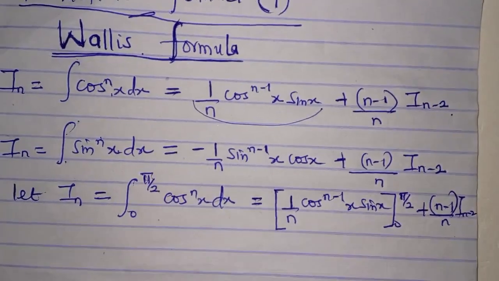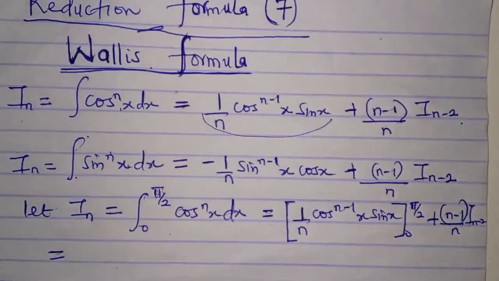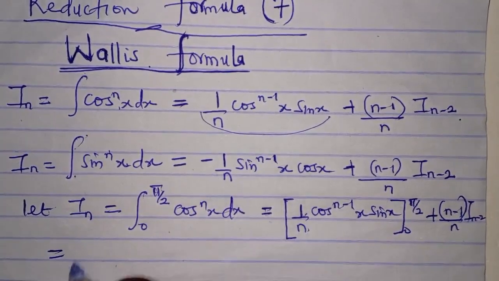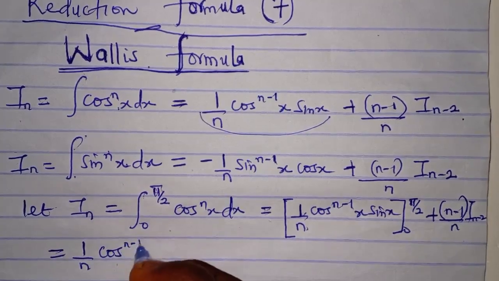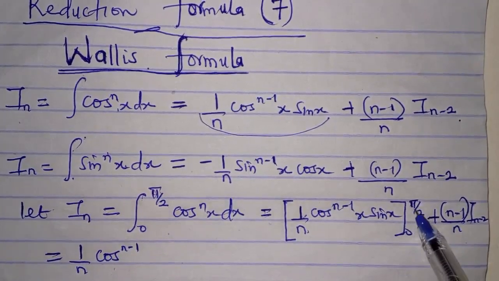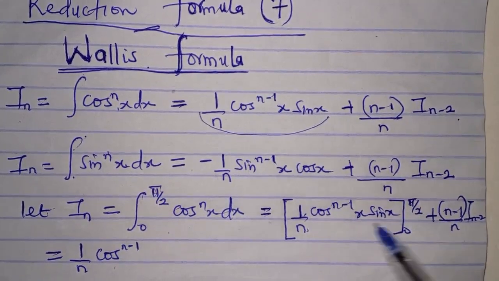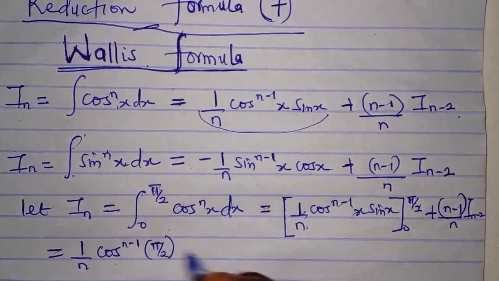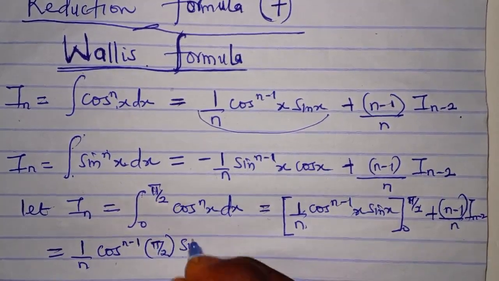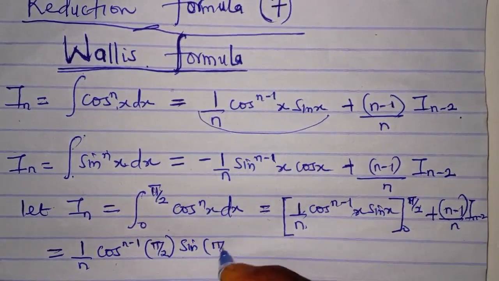Right, that's what I'm doing. So this will give me 1 over n into cos^(n-1). Let's plug in the upper limit. Pi over 2 is 90 degrees. So we have cos pi over 2, which is cos 90 degrees, times sine pi over 2.